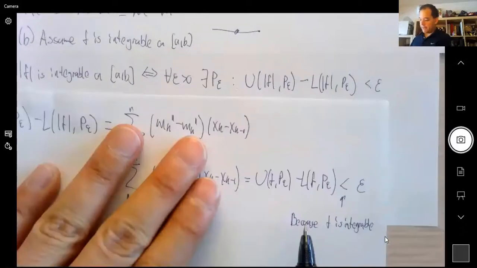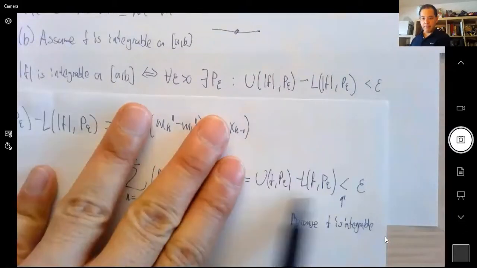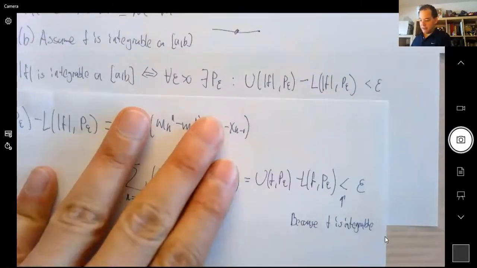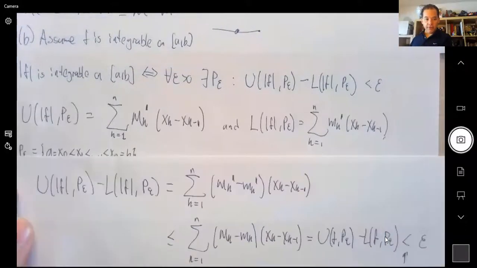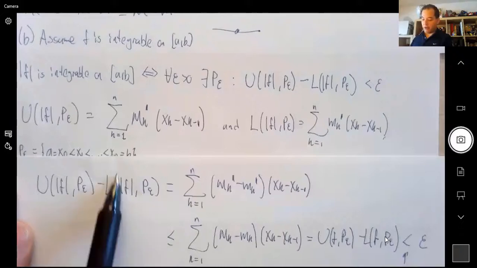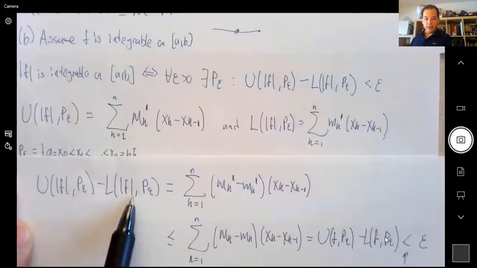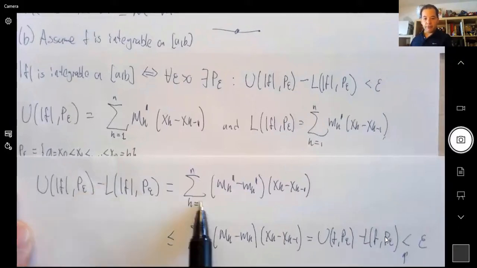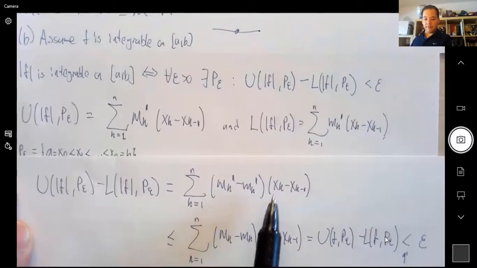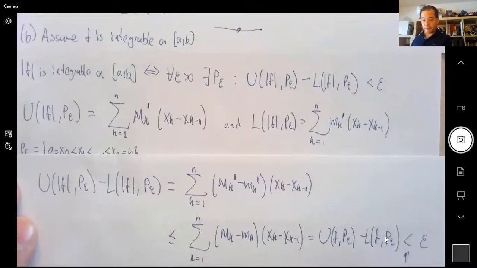Then you calculate U of the absolute value of f minus L of the absolute value of f. You know that this is the one with the primes. The primes by part A satisfy this inequality, and this is less than epsilon by assumption.